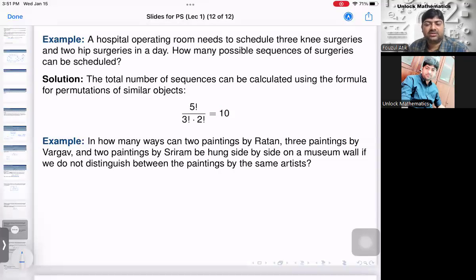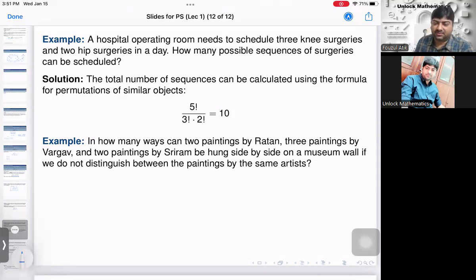Look at this. I hope I don't need to answer it. In how many ways can 2 paintings by Ratan, 3 paintings by Vargav, and 2 paintings by Sriram be hung side by side in a museum if we do not distinguish the paintings by the same artist?